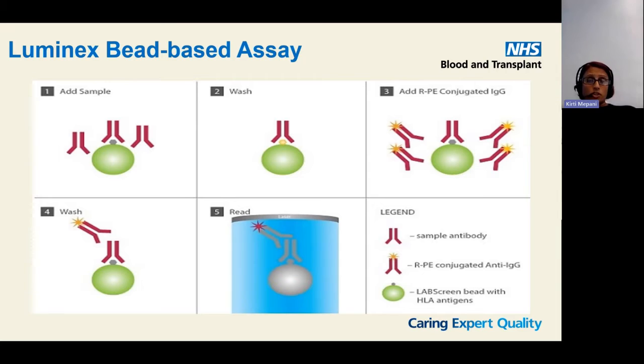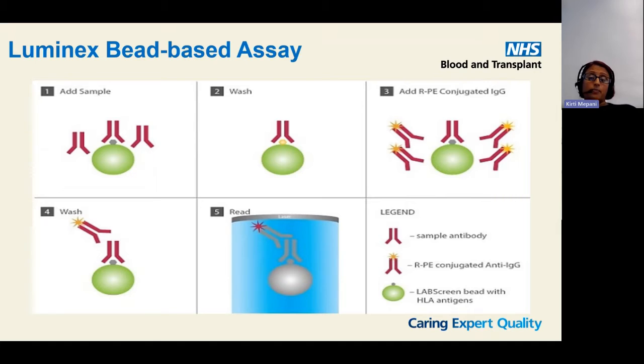We will then do a washing step to remove any unbound, and then we will add a marker, basically, which is in the form of a fluorescent conjugate. And we will use an IgG conjugate because it's more clinically relevant.